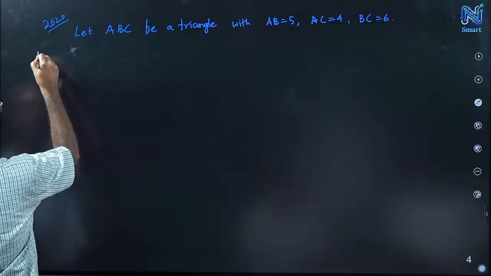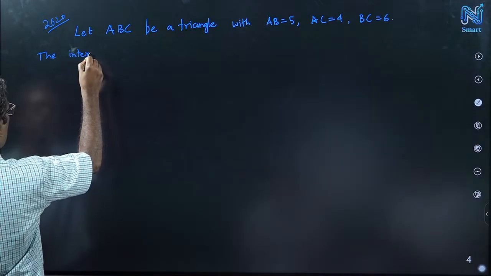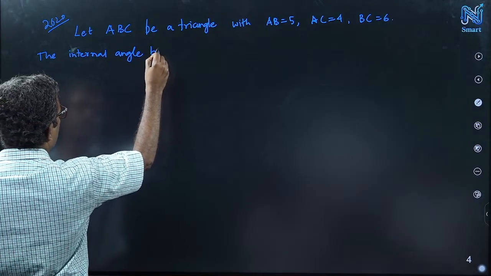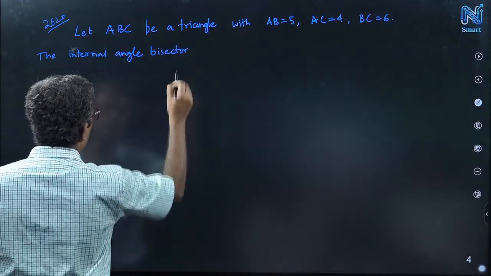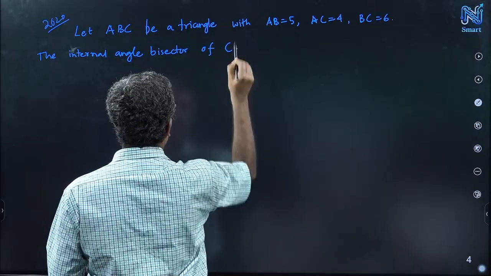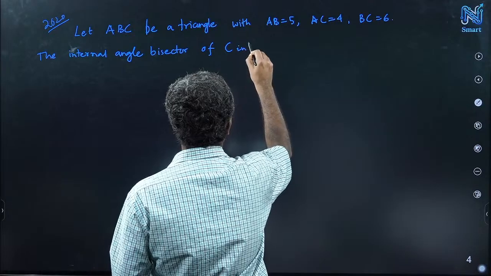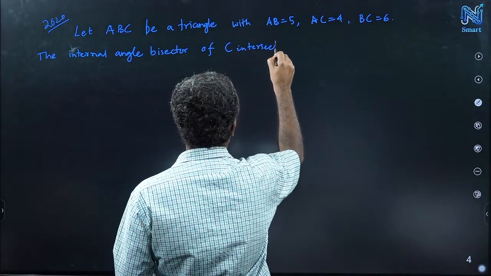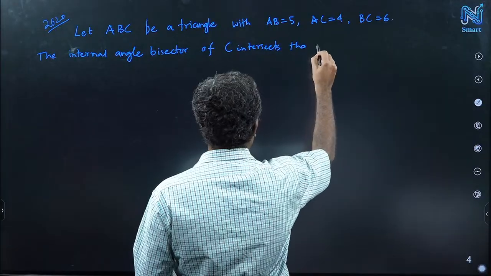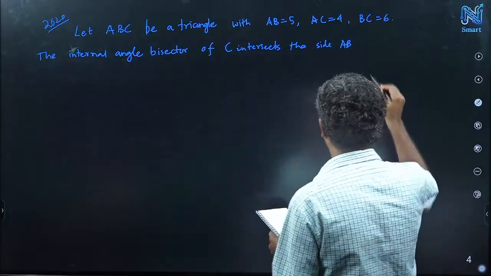And the internal angle bisector of C intersects the side AB at D.